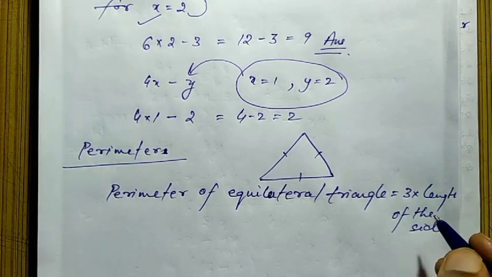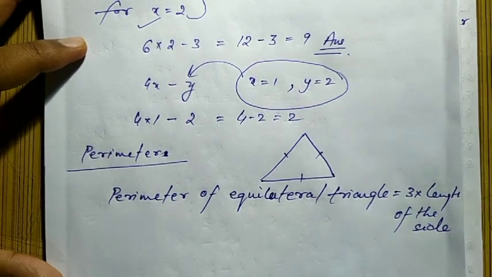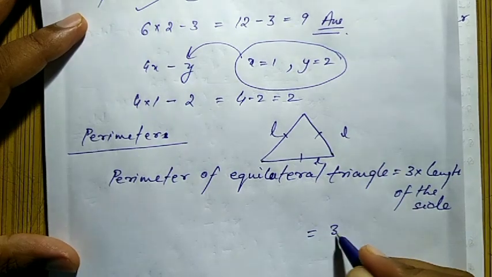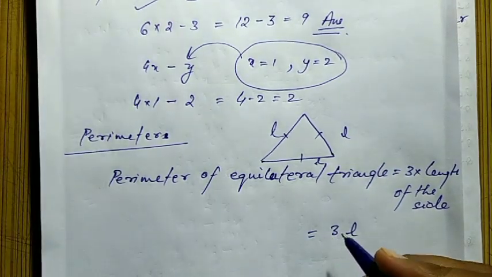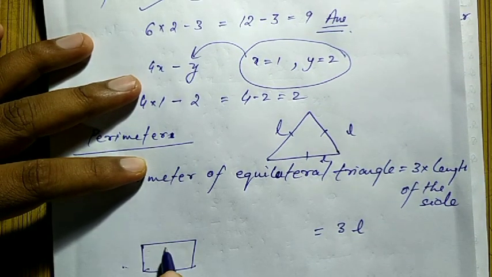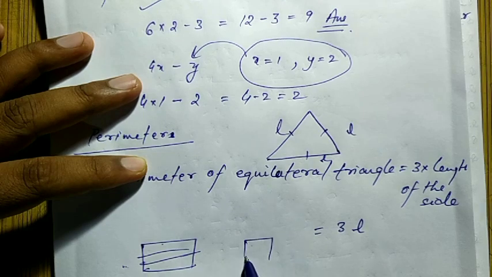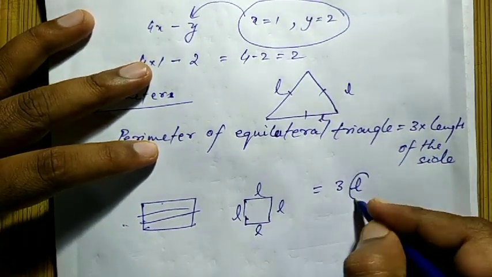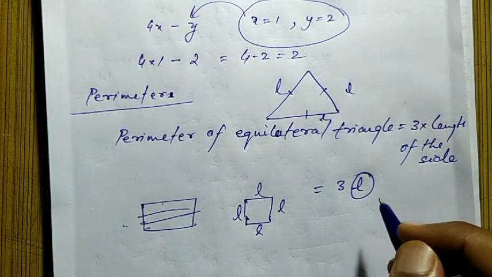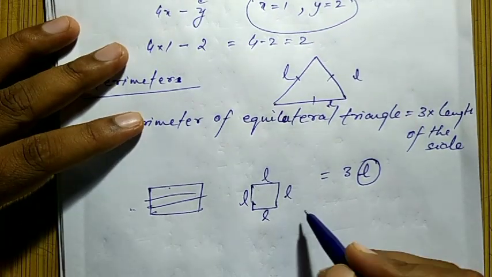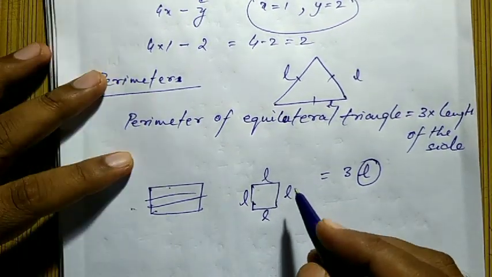Suppose the length is L, it means 3 into L. Similarly, the perimeter of a square. This is a square, and square means all sides are equal, L and L. You can also take a. This is a variable and this is also an expression.